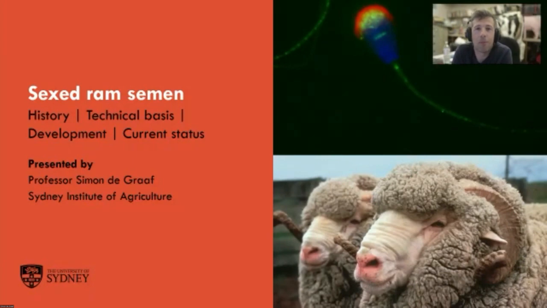It's probably one of my most frequently asked questions that I receive on a day-to-day basis: so how does that sexing process actually work? So we'll cover that, and how it was developed, and then we'll talk about the current status in the sheep industry, and I will try and remember there to touch on how you might want to use it, and then we can chat as well about what sort of research is needed to try and take things to the next level with sex semen in sheep.